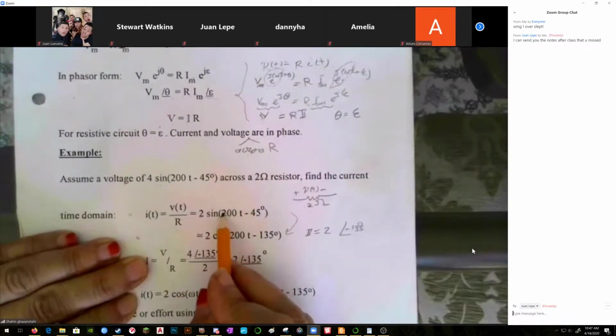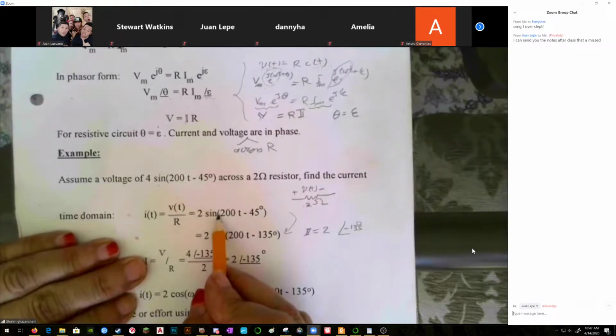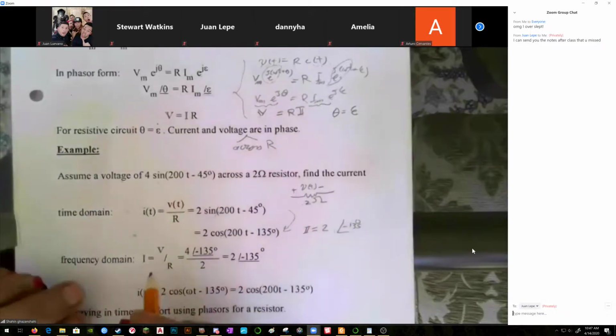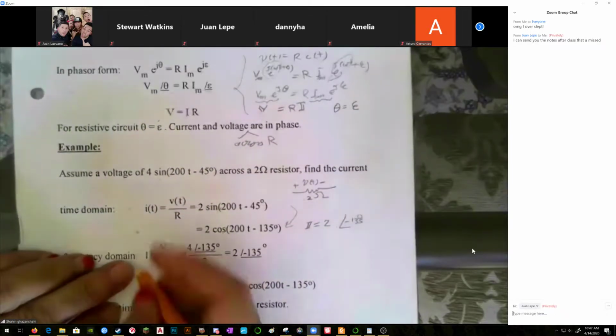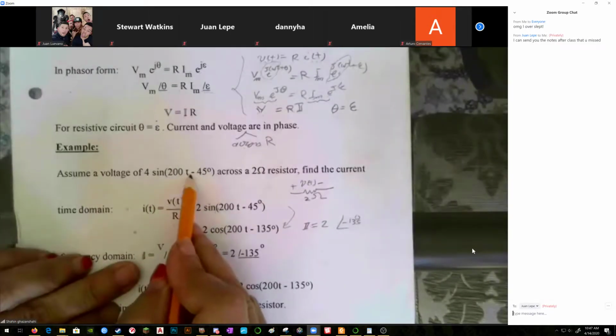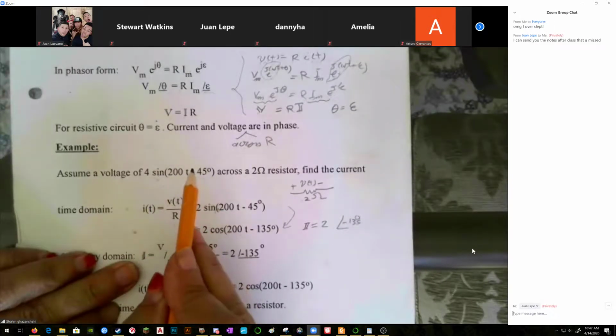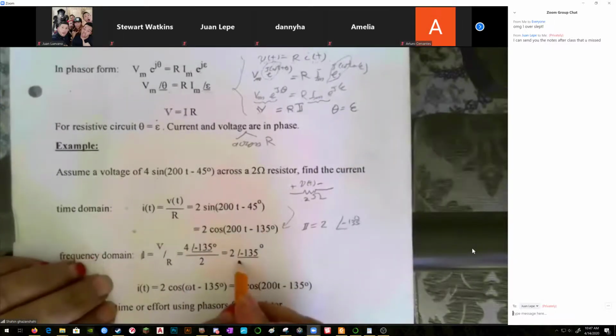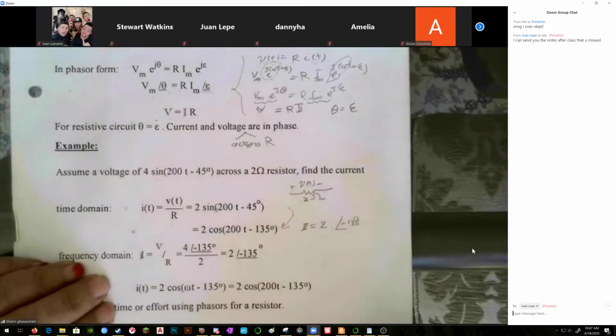Because I cannot directly go from sine to phasor current. You need to change to cosine. Okay, if I want to do phasor domain analysis, from the beginning, you change this to phasor voltage. You subtract 90, you come with this. The resistor is 2, you get the same answer, correct? So it doesn't matter either.